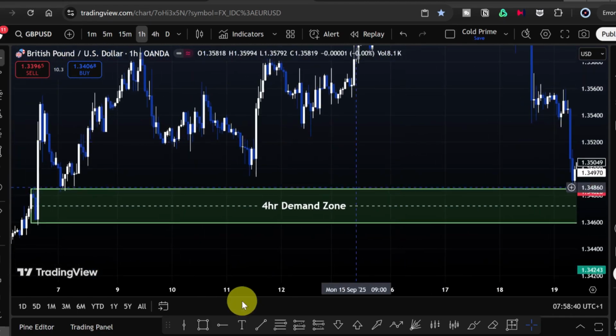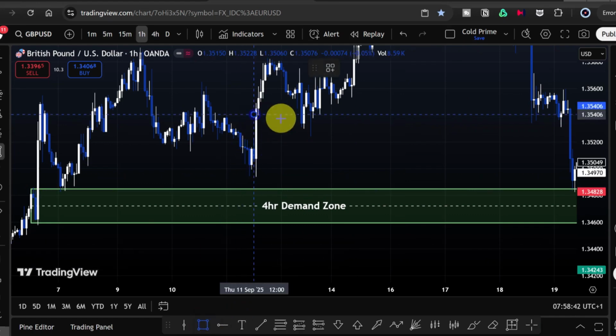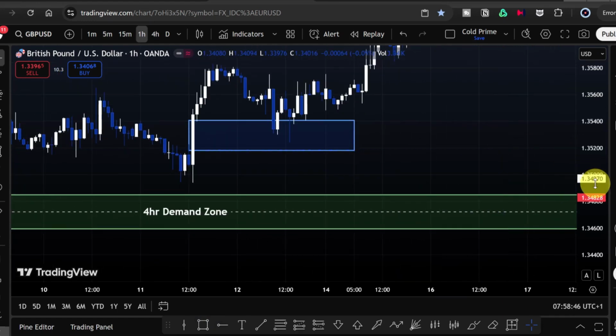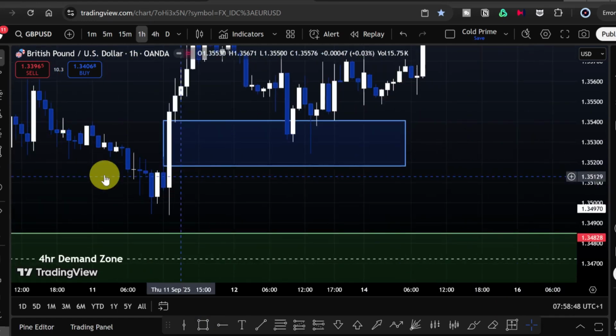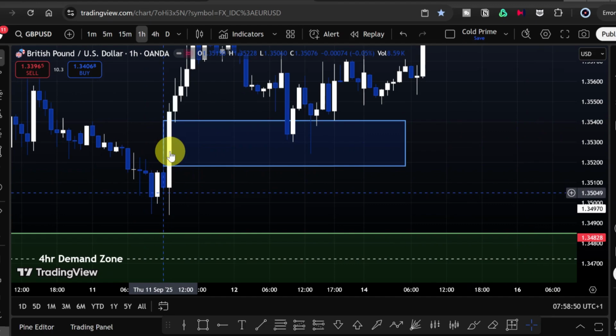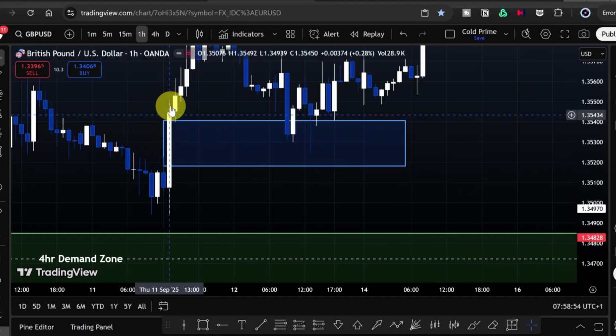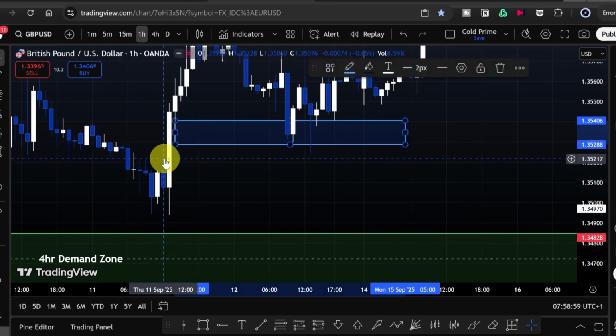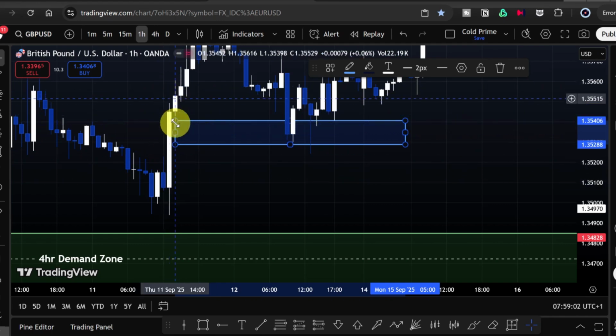Okay, look at this. So this is a fair value gap. We have this demand right here. So price pushed out of this demand zone here, and then it created this what we call fair value gap. So we have three candles here, one at the left after the massive impulse, and then one at the right.